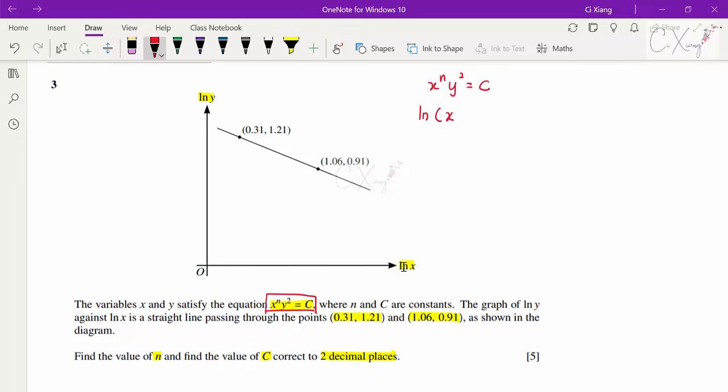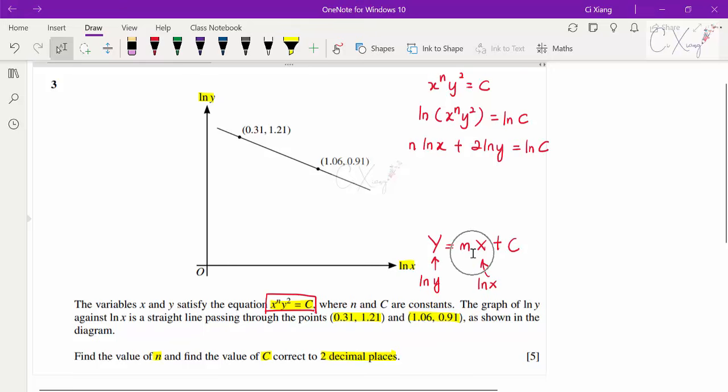We have ln of x to the power n, y to the power 2 equals ln c. If I expand, I will have n ln x plus 2 ln y equals ln c. My aim is to rephrase my equation into y equals mx plus c, where the y-axis should be ln y and the x-axis should be ln x. So this is my final aim. I want to rephrase my equation like this.